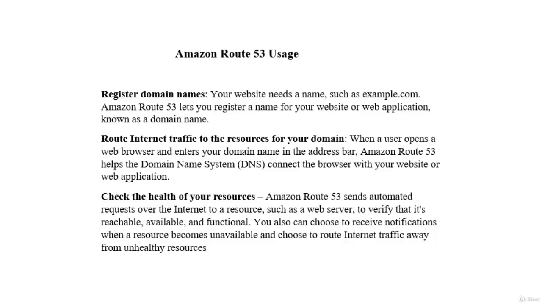The next function is routing internet traffic to the resources for your domain. Suppose you have an elastic load balancer, and you want users to reach it, but the ELB URL or ELB A record is slightly complicated, so users can't remember it.